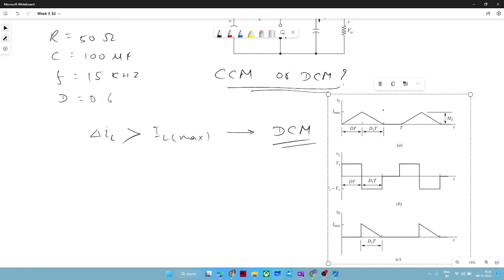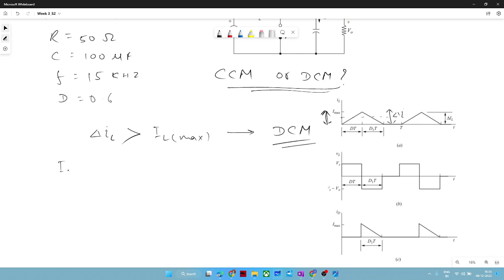So you see, if this value delta IL, or IL minimum, if this portion is greater than IL max... Delta IL is what?